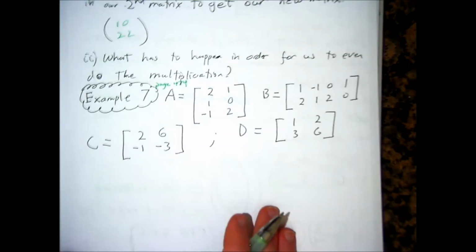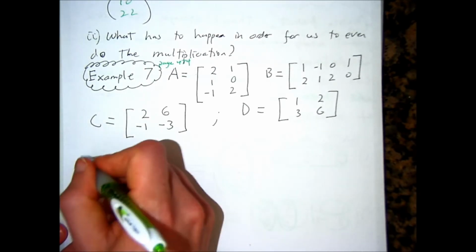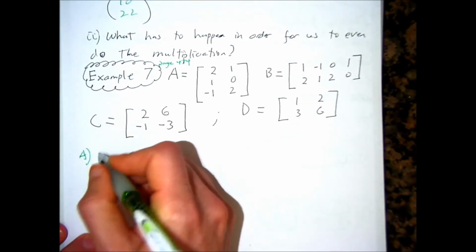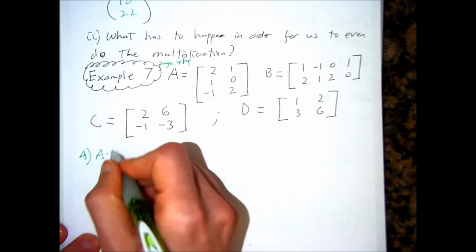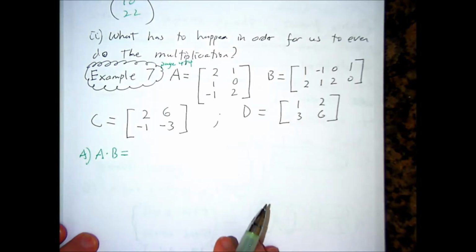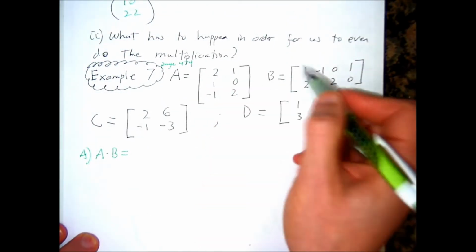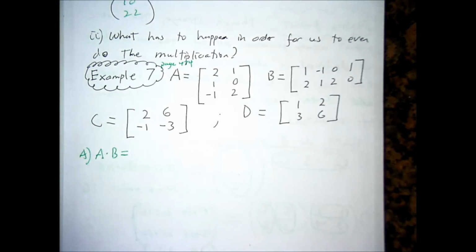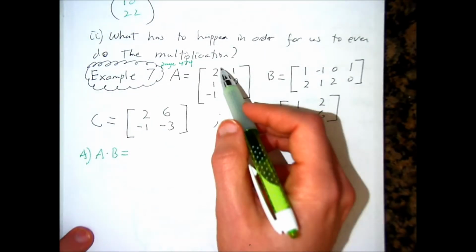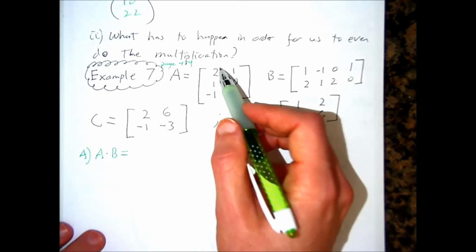So you have these 4 matrices that you're given, and it's going to ask you to do various products. So first one is A times B, right? Multiplying A times B, I'm going to do this row times this column. First of all, we check, does it work? How many rows do I have here?